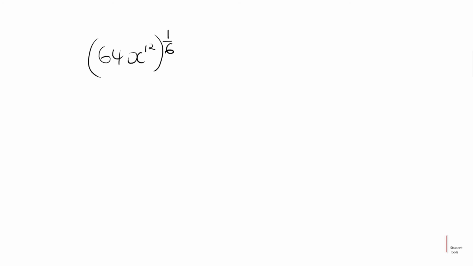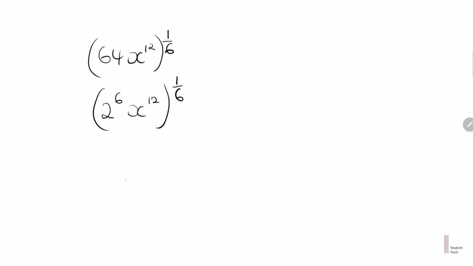So the first step will be to make 64 to the base 2. So 64 to the base 2 is 2 to the power 6. And there's nothing we can do with the x, so it will remain x to the power 12. And this is all to the power 1 over 6.